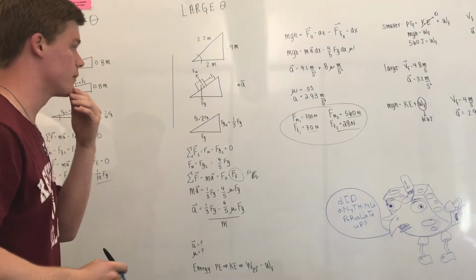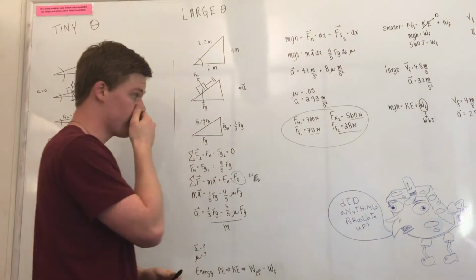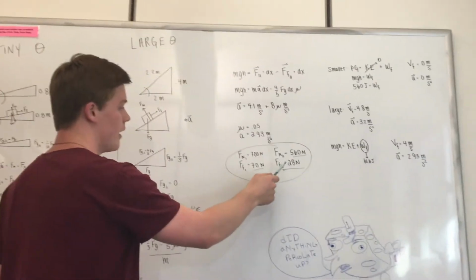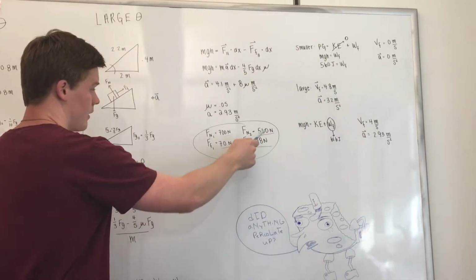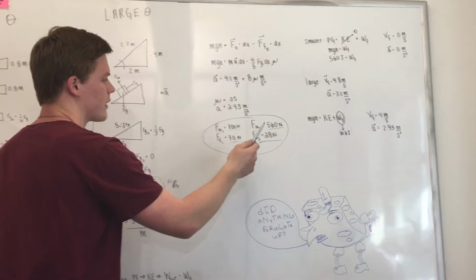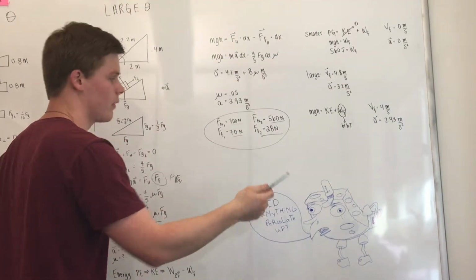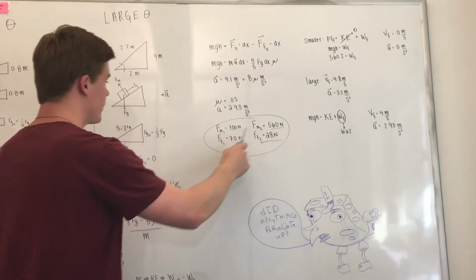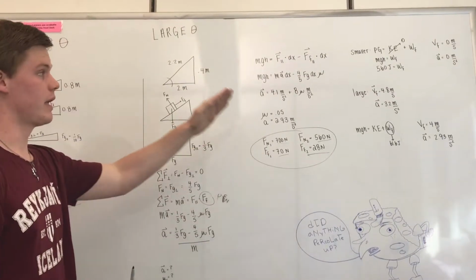So our predictions were right. We were expecting this to happen. We were expecting there to be less friction and a smaller normal force, and therefore a smaller force of friction when the inclined plane was steeper.